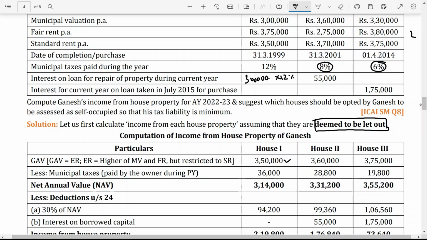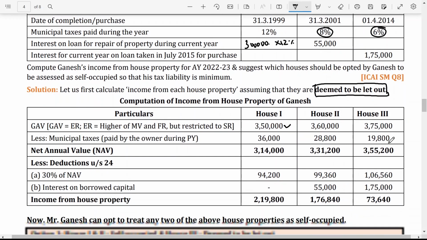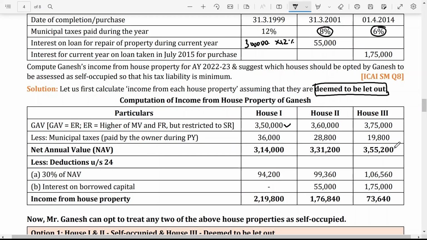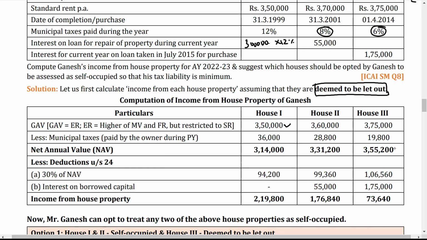In second case 3 lakh 60,000 into 8%, you will get 28,800. In third case 3 lakh 30,000 into 6%, you will get 19,800. So if you deduct municipal tax from GAV, you will get NAV, net annual value: 3,14,000, 3,31,200 and 3,55,200. Now less deduction under section 24(a), 30% of NAV.